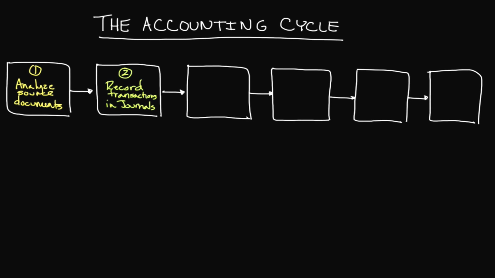Now, the third step to the process involves transferring the journal entries to what we call a ledger. And this is commonly done with computer programming and software as well. But this ledger, I'm going to describe this briefly, is really a specialized accounting book or program.